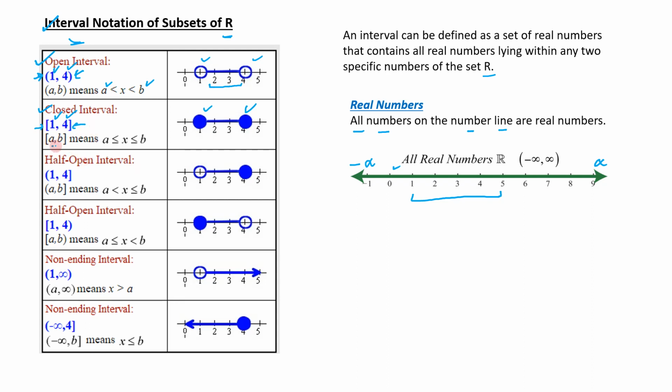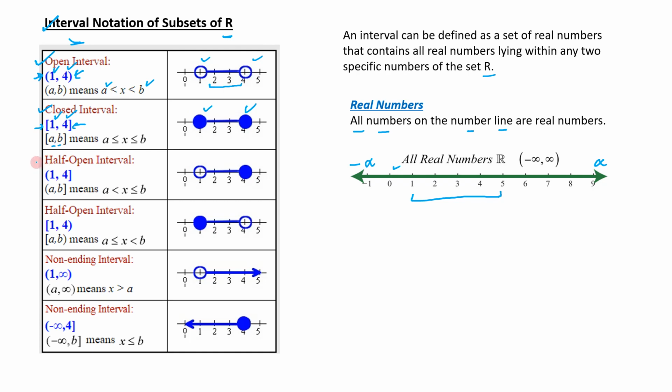Here again we have a and b as two numbers, which means that x is greater than or equal to a but less than or equal to b. All the numbers lying between a and b are included in this type of interval, and this whole set, where we are considering endpoints as well, will again form a subset of R.